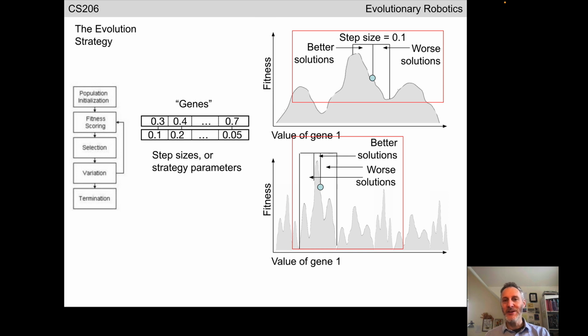For some of you, hopefully you now have a second question in your mind, which is, how do you know how much to mutate the step sizes by? There's also a way to determine that, but that's beyond the scope of this course. Again, what I hope you take away from this lecture series is we're seeing a bunch of more sophisticated evolutionary algorithms that become more and more complicated.